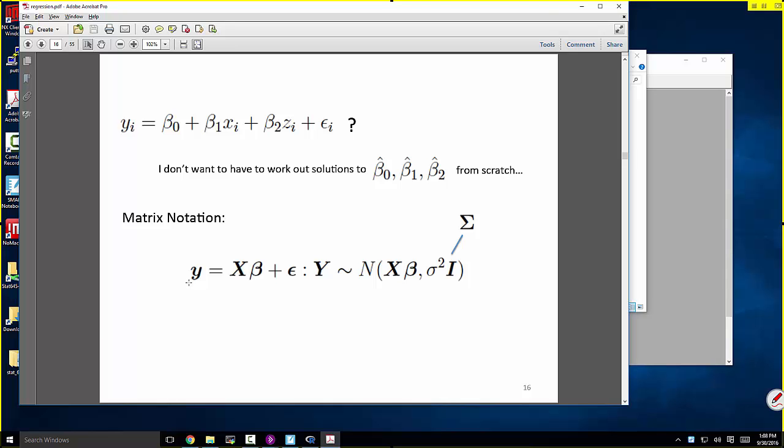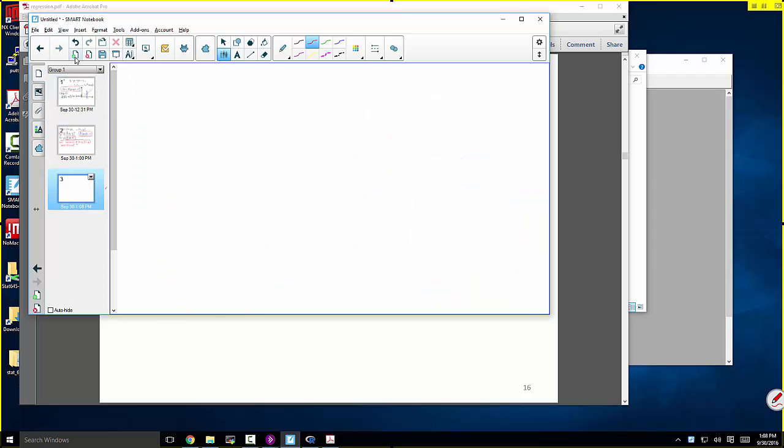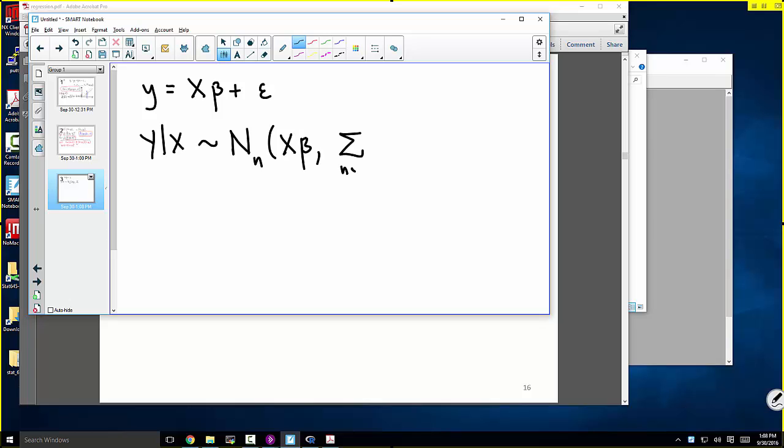The general form that you would see for an arbitrary regression model, y equals X beta plus epsilon, is that y, once we know X, is multivariate normal, n-dimensional normal, with a mean vector equal to X beta, and a variance covariance matrix that's n by n.